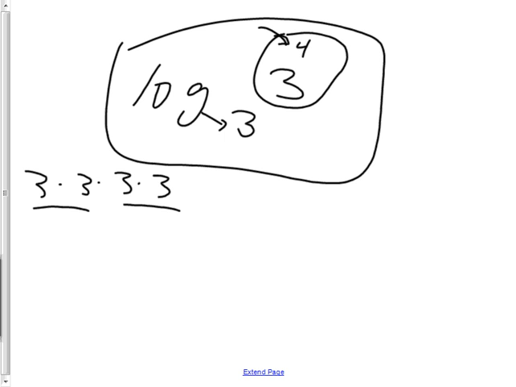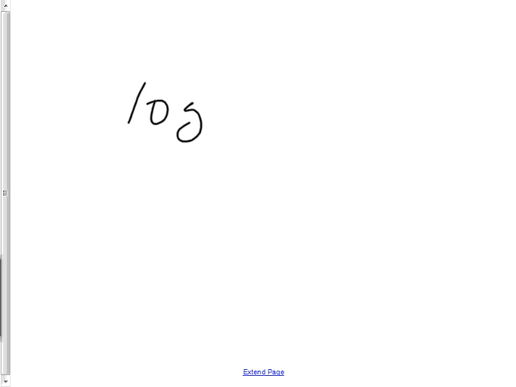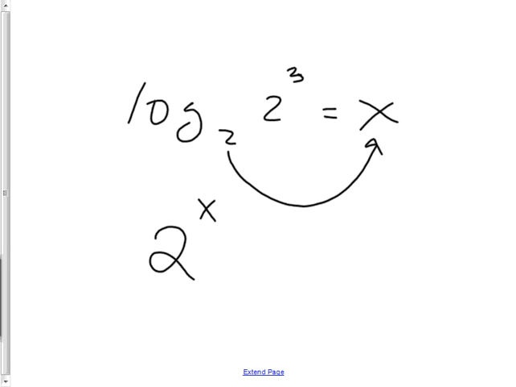I can prove it to you in one more way. If I said log base 2 of 2 to the third, let's make it 2 to the third to keep it simpler, because I don't want them all to be 2's. Then, do you get that there's no x in this problem? So I can say equals x, and then I can do a rewrite. How would I rewrite it? 2 to the power of, always jump, x equals, always jump back.